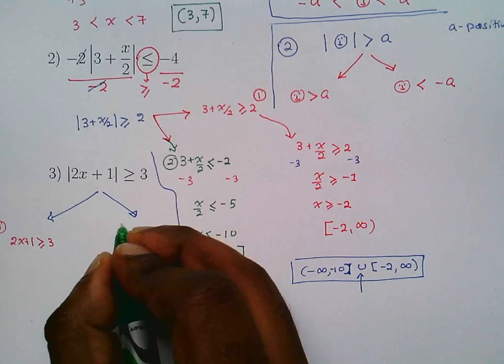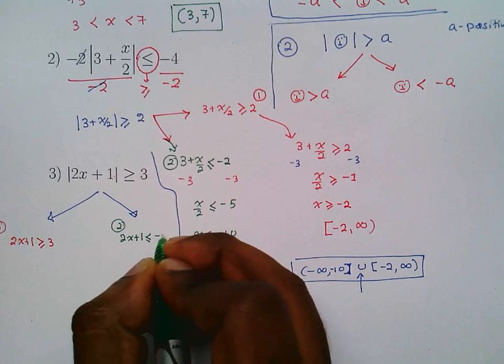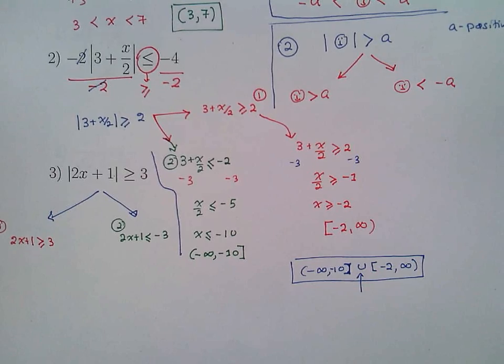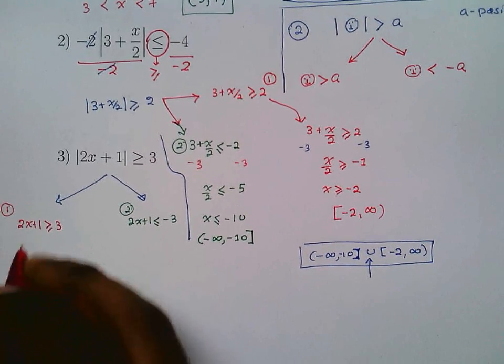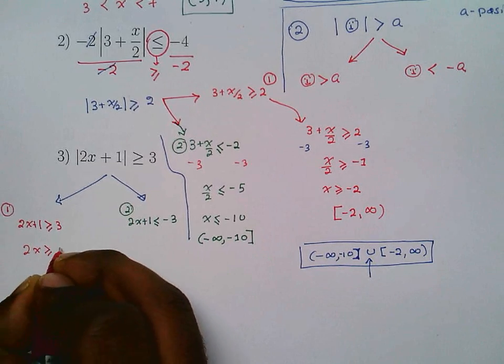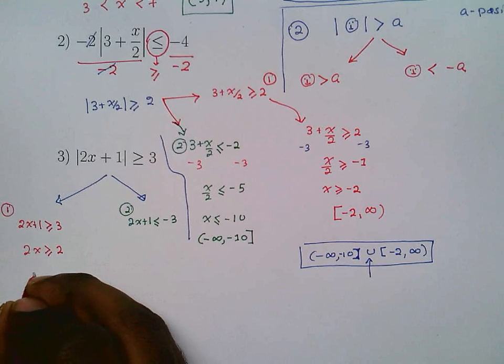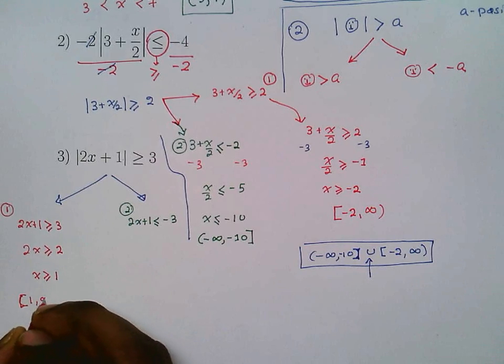And the other one is 2x plus 1 less than or equal to negative 3. So let's solve inequality number 1 first. Subtract 1, so you get 2x greater than or equal to 2. Divide by 2, x is greater than or equal to 1. So that would be 1 to infinity.